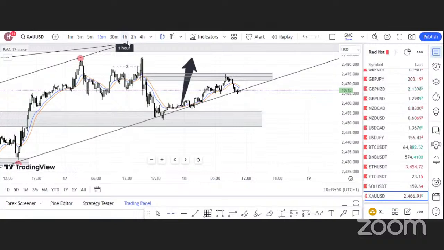But the bulls still have the momentum. So I strongly believe that they will still overtake the market and the market would continue to go up. This would only change if the market goes below this level.